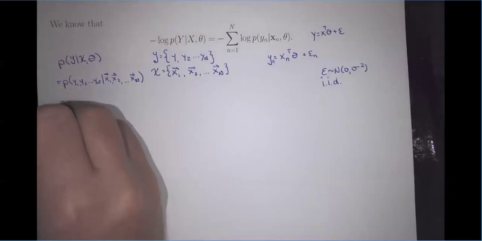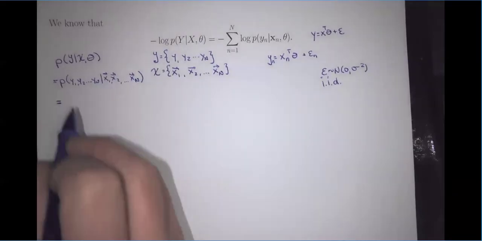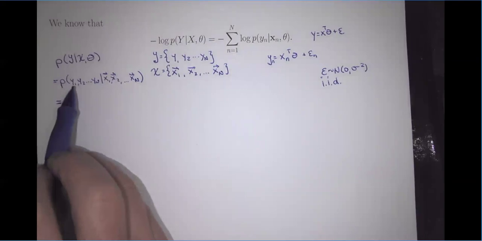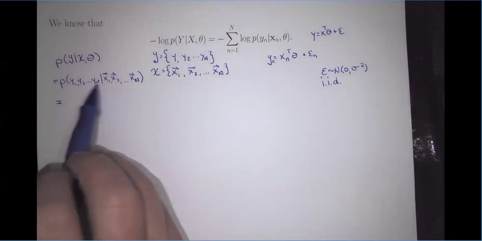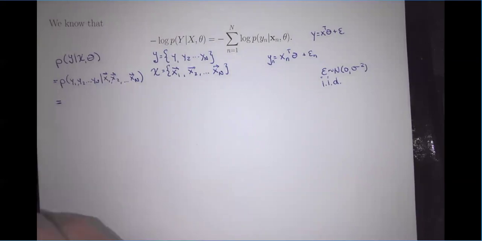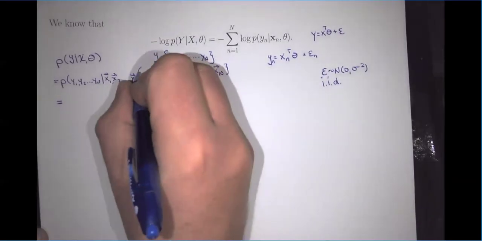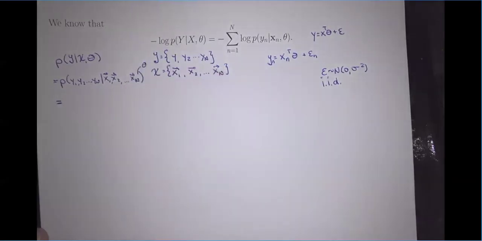Because each of these are independent, the probability of y1 and y2 given x1 and x2 is the probability of y1 given x1 times the probability of y2 given x2 and theta.